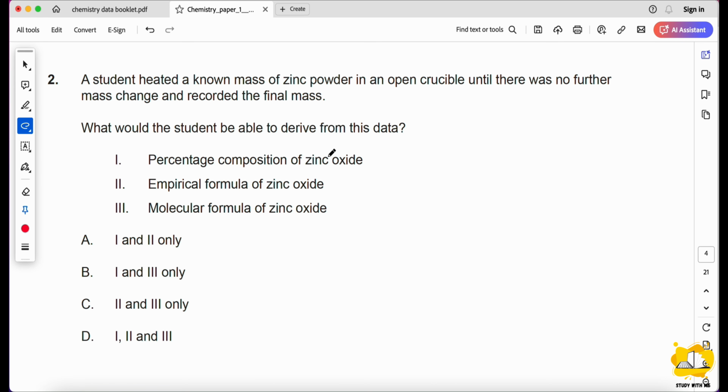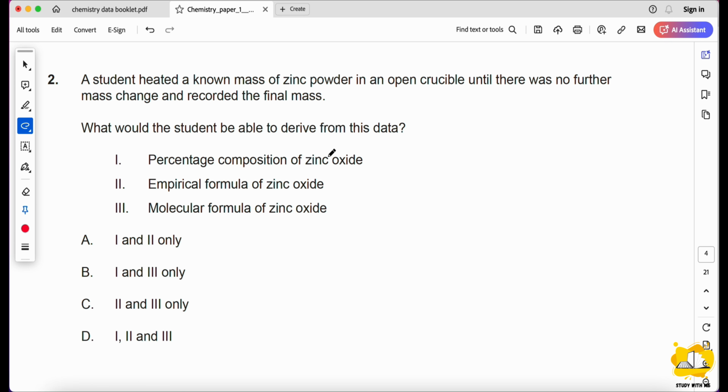Knowing the mass of a substance allows you to determine its percentage composition by calculating the proportion of each element's mass within the total mass of the compound. So therefore, the percentage composition of zinc oxide can be derived. When the mass is known, one can calculate the number of moles of each element present using the molar mass of each element. Then find the smallest whole number ratio.